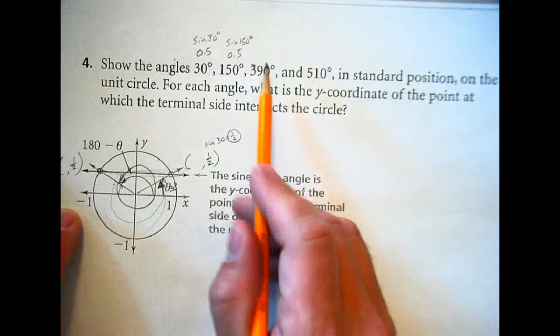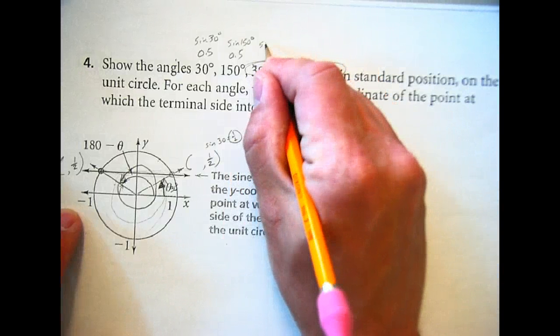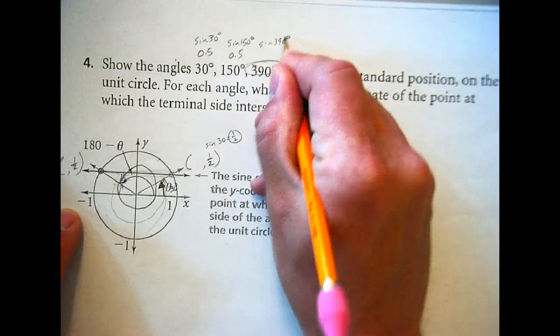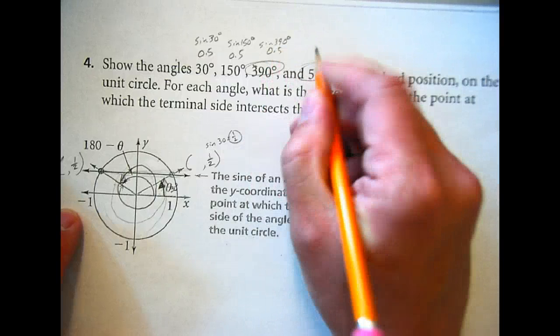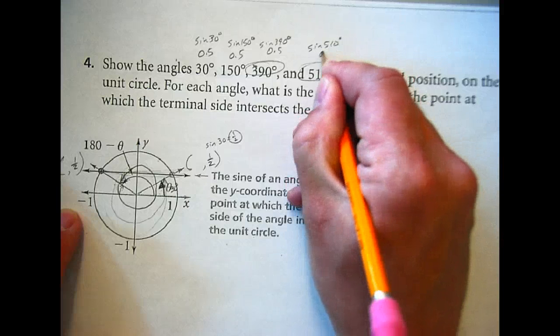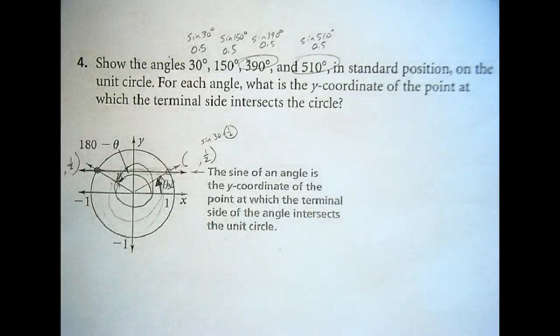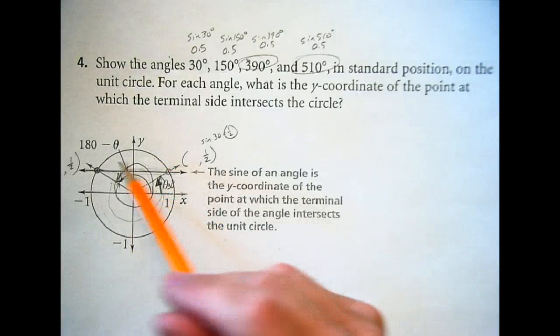Okay, so in this case we have 390 and 510. Sine of 390 is 1/2 or 0.5. Sine of 510 is also 0.5. In fact, how many times, if I'm rotating around the unit circle, would I hit 1/2? Like a full revolution. 2 times. I hit it twice every revolution.